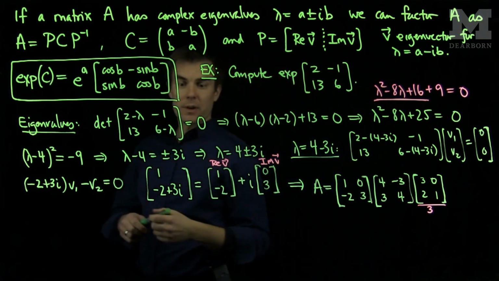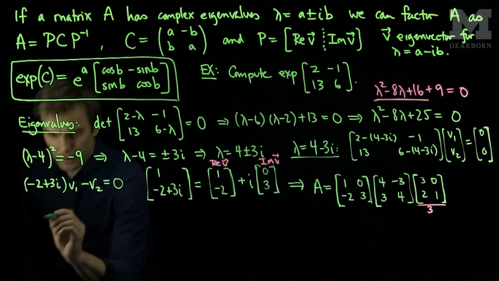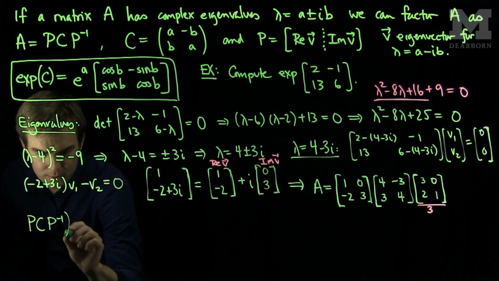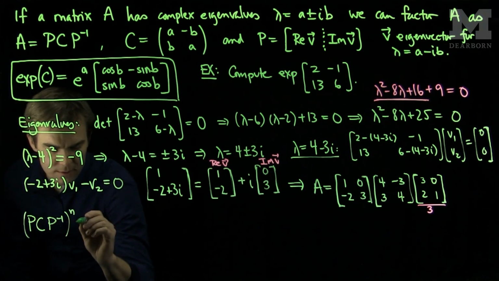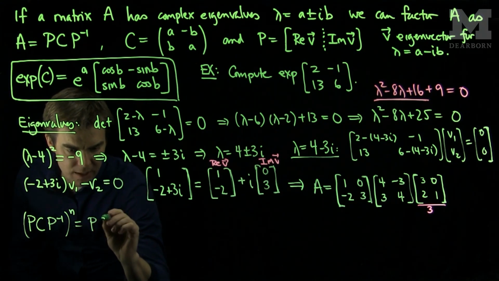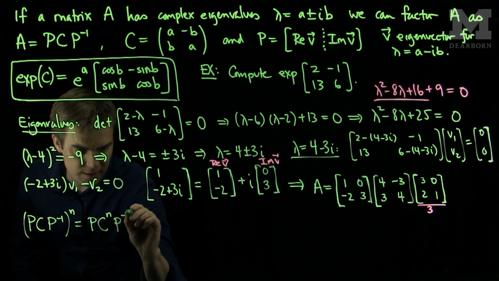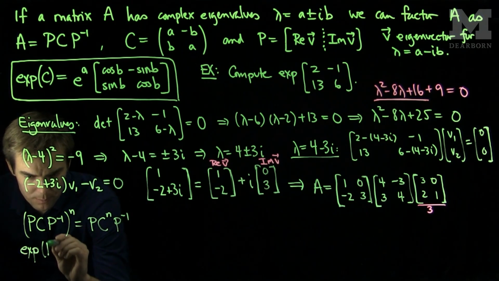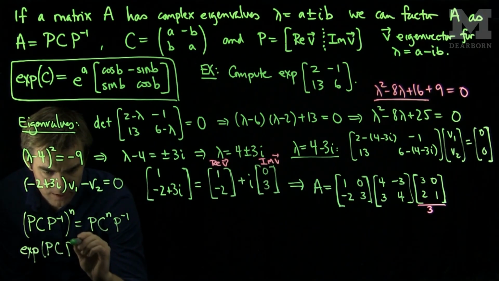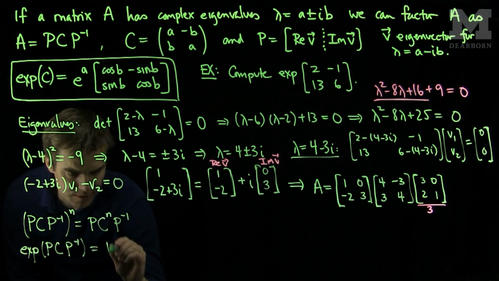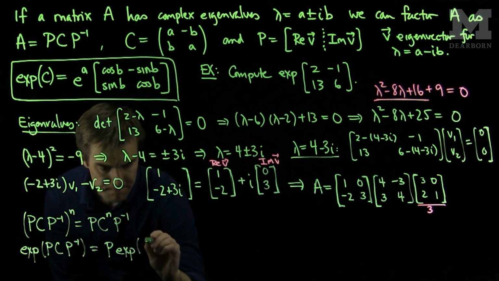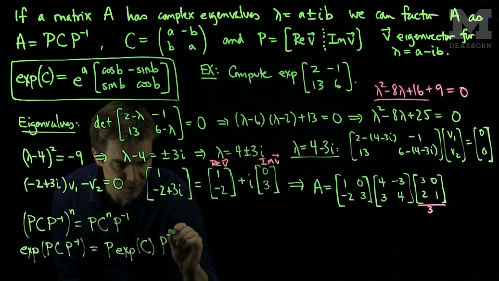Now I can find the exponential of the matrix using the fact that P C P inverse to the n is P C to the n P inverse, and that the exponential of P C P inverse is P times the exponential of C times P inverse.